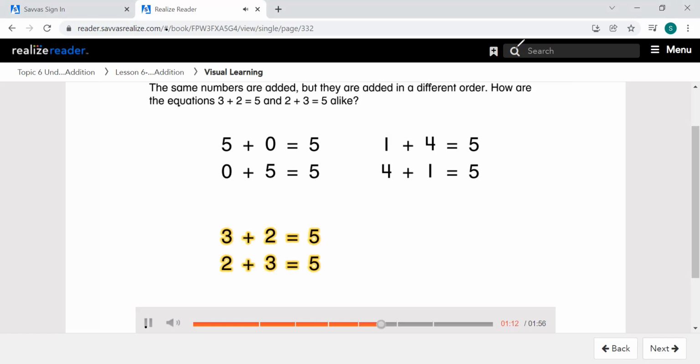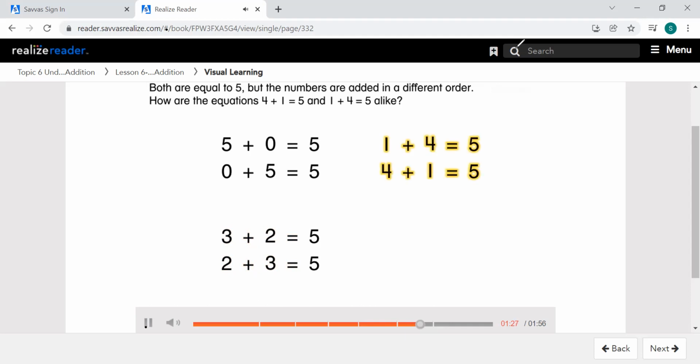How are the equations 3 plus 2 equals 5 and 2 plus 3 equals 5 alike? How are they alike? Well, they still add up to the same number. They still add up to 5. Both are equal to 5, but the numbers are added in a different order.